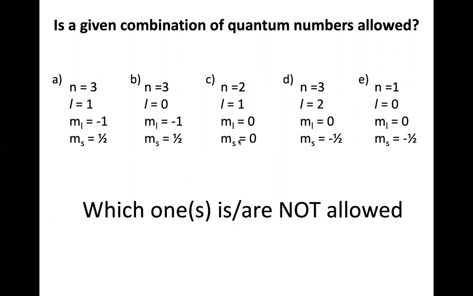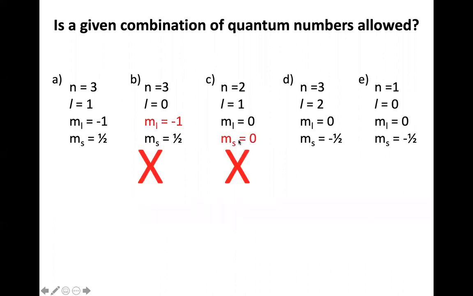The other three in the set, I think, are all right. I think the first one here is representing a 3p orbital with an allowed m sub L value and allowed spin. I see a 3d orbital and a 1s orbital. Overall, I thought folks did a really good job with your first round of analysis on that.